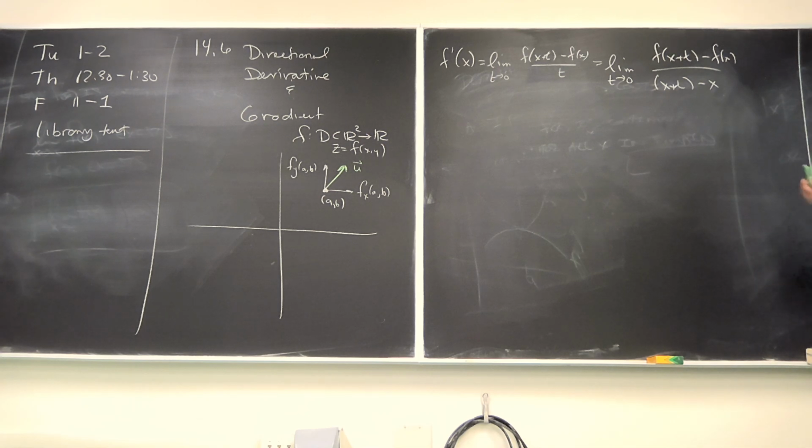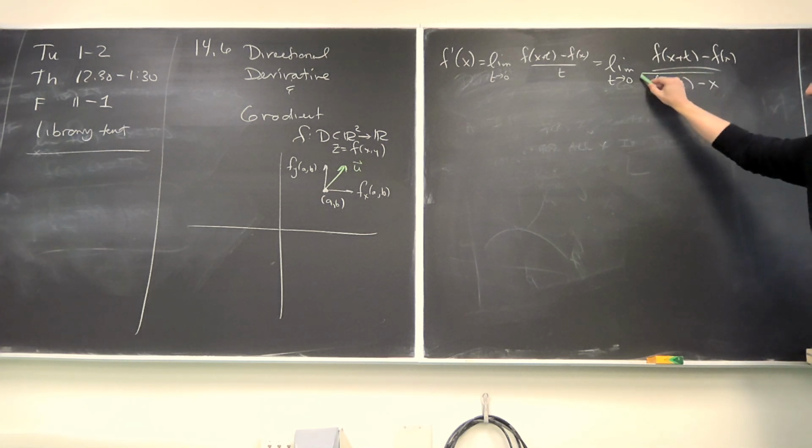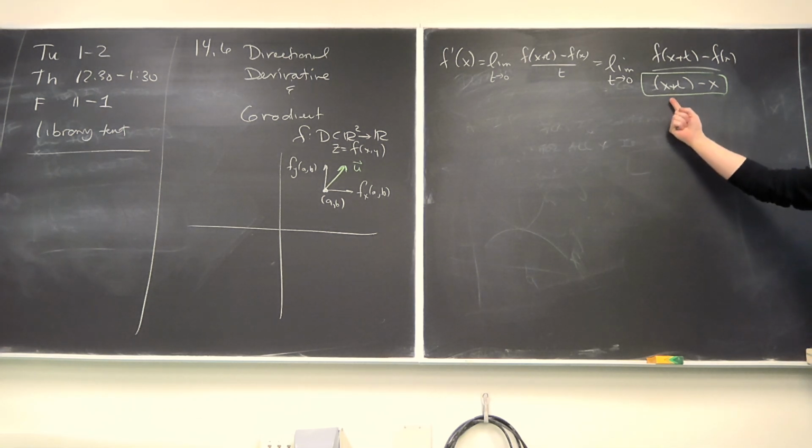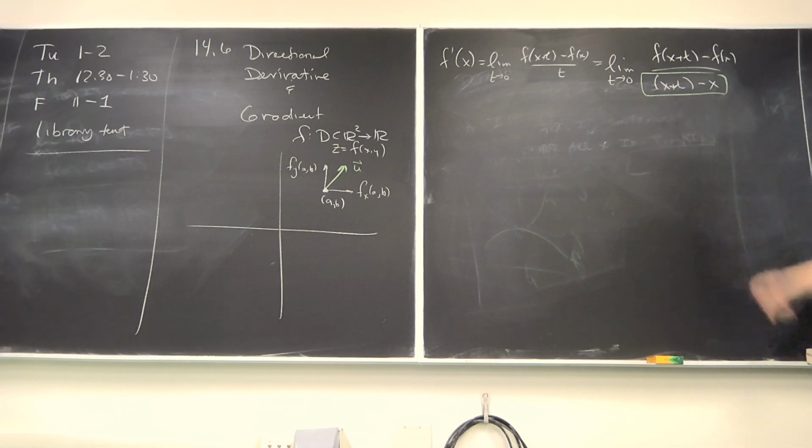The point is that this term measures the distance from x plus t to x. How far away is x plus t from the point you began at, x? And so we're going to use this notion to set up our idea of a directional derivative.